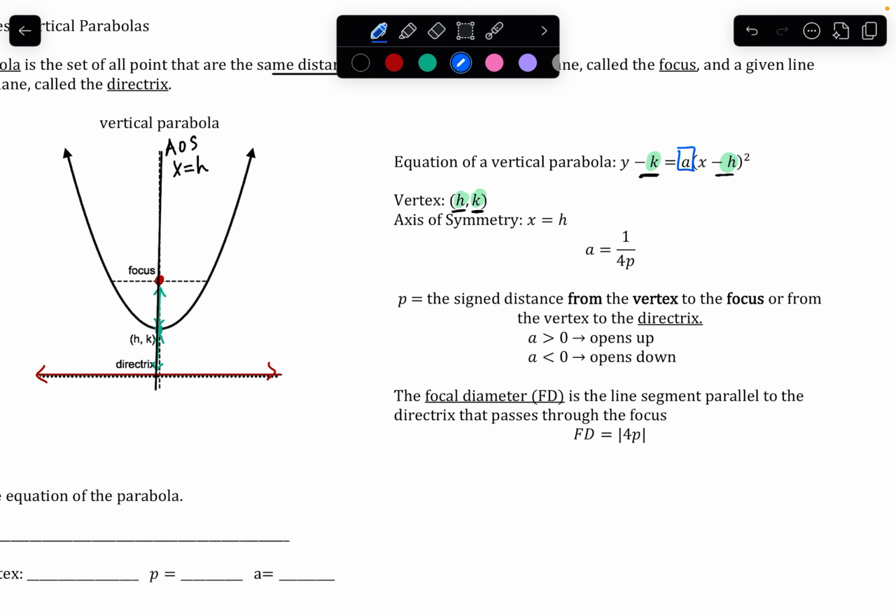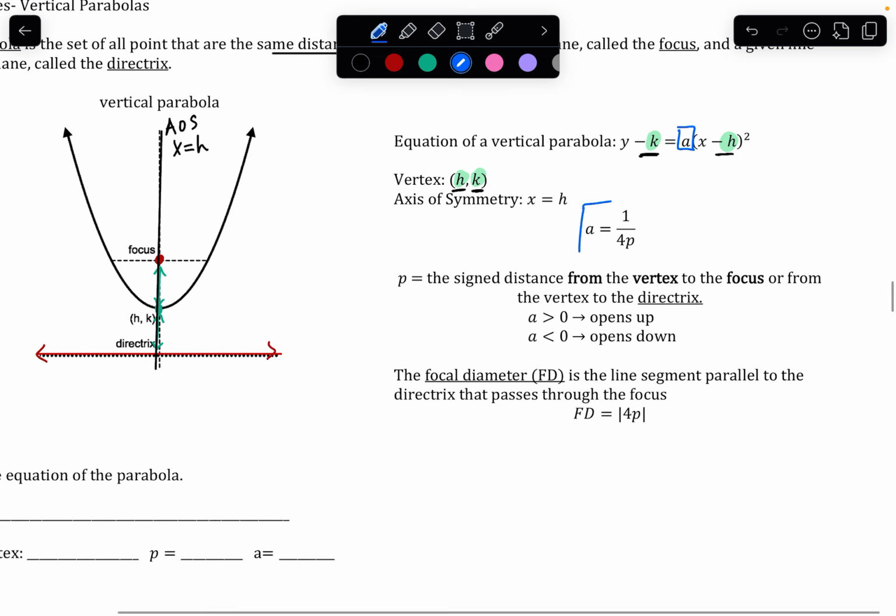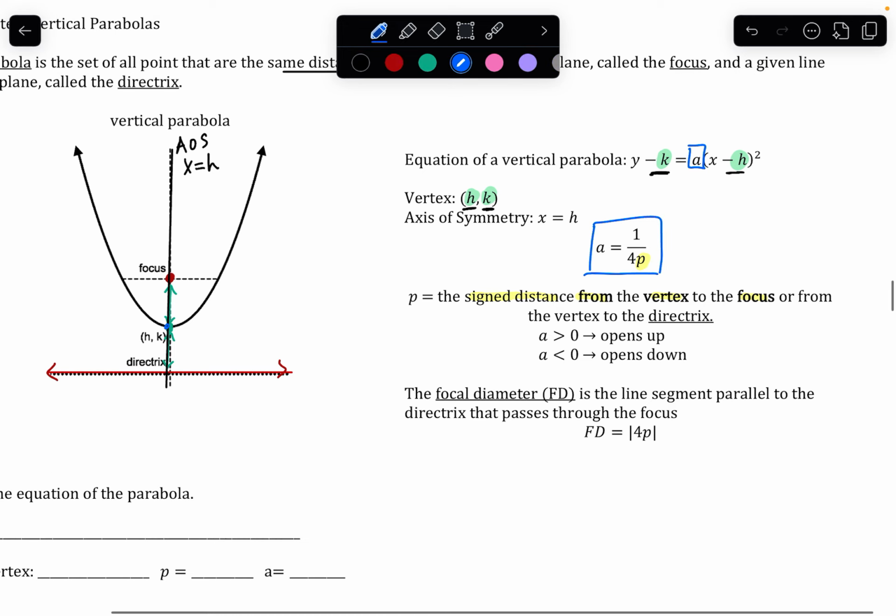How you find the a value is the equation a equals 1 over 4p. And p is the signed distance from vertex to focus. Your p value will always be from vertex to focus.